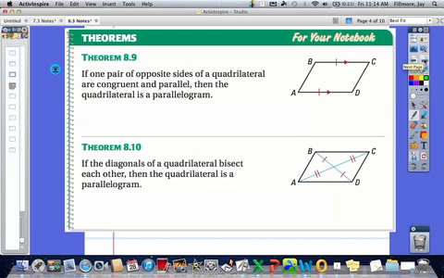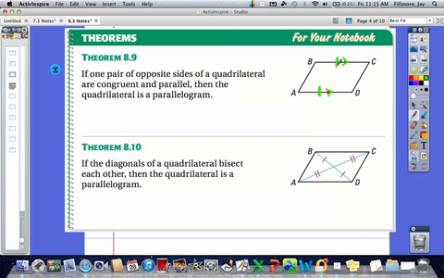The two final ways you can tell if a quadrilateral is going to be a parallelogram: the first one is if a pair of opposite sides of a quadrilateral are congruent and parallel. So these two lines are parallel as well as congruent, we can conclude it's a parallelogram.